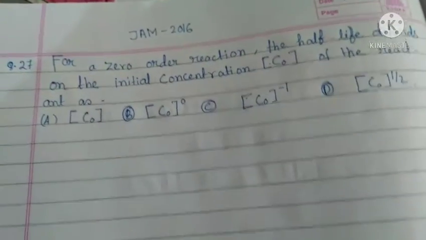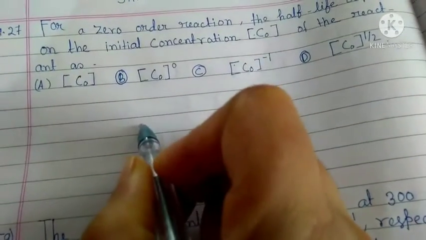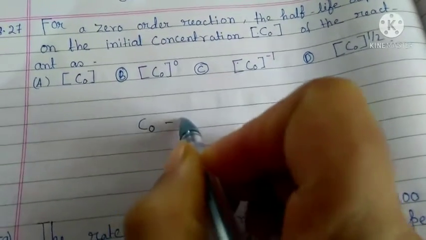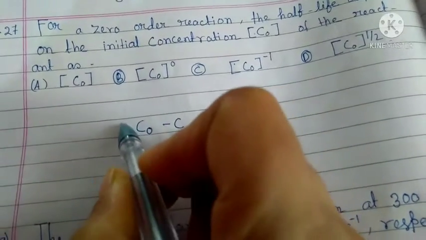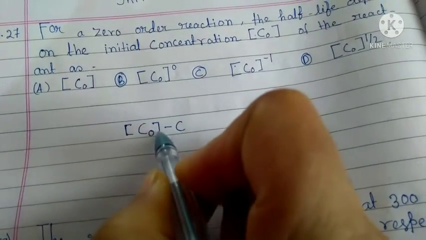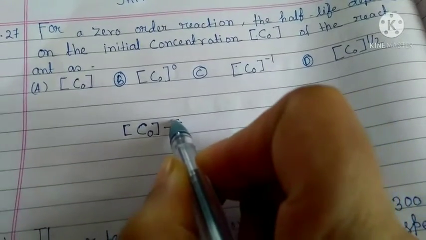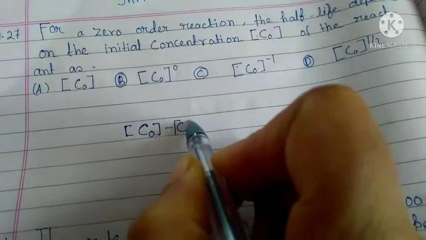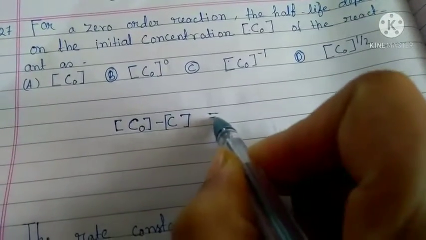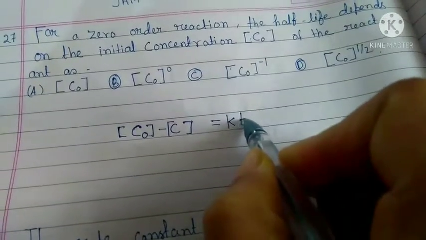We know that for a zero order reaction, C0 minus C, where C0 is the initial concentration of the reactant and C is the concentration at time t, is equal to the rate constant K into time t.